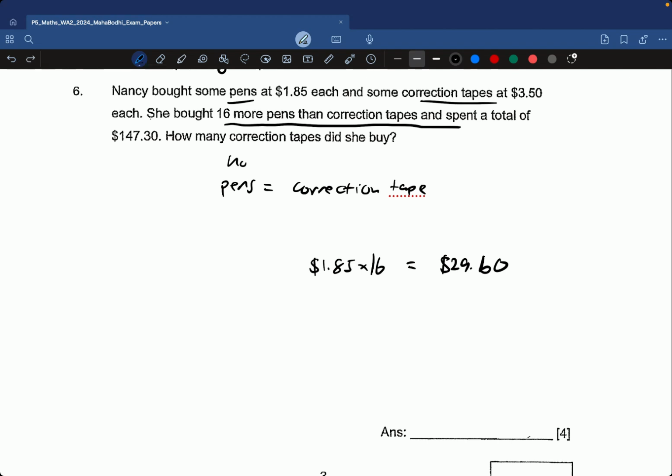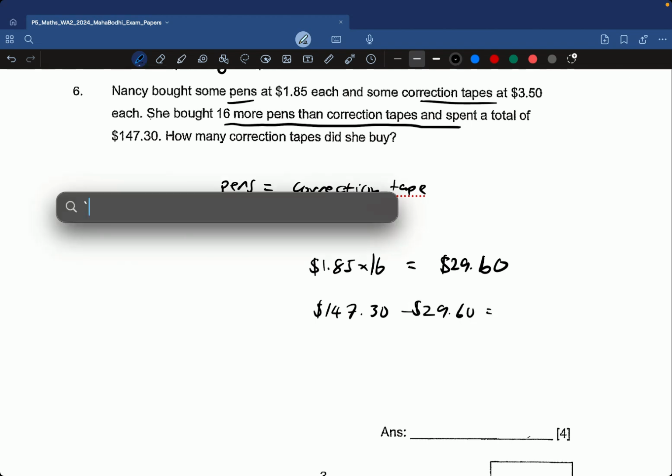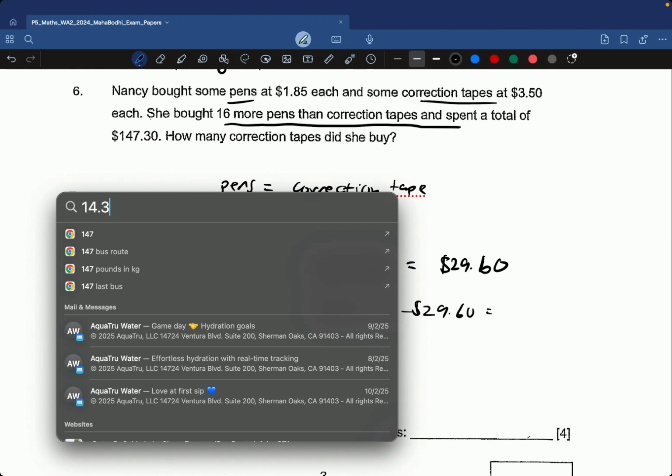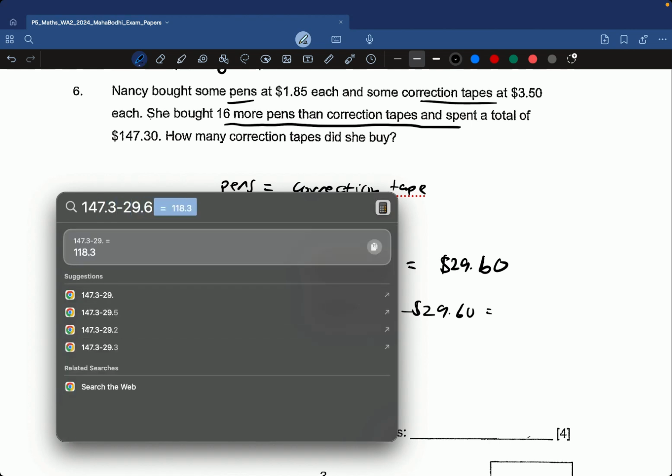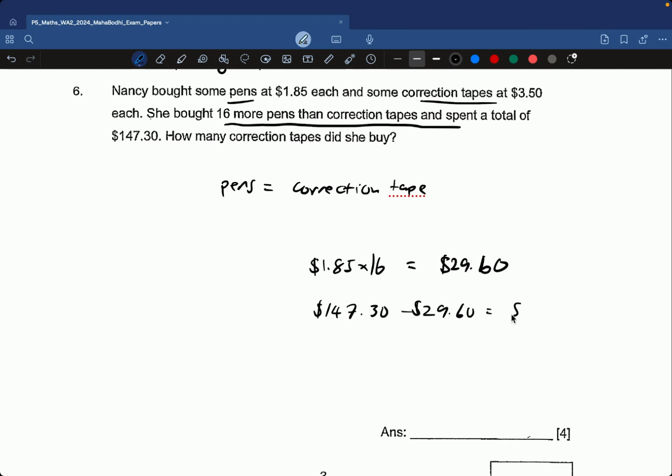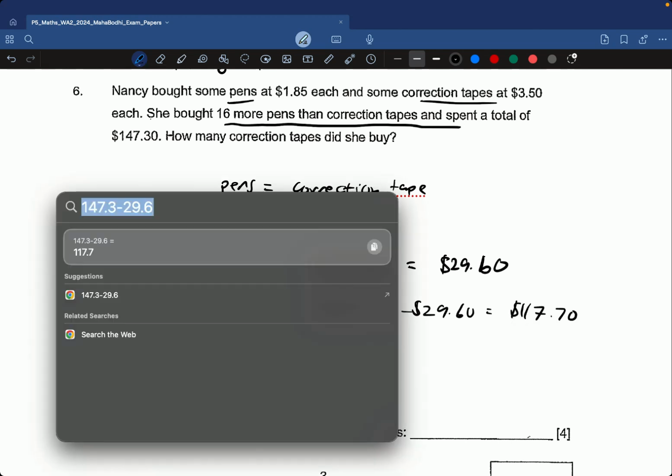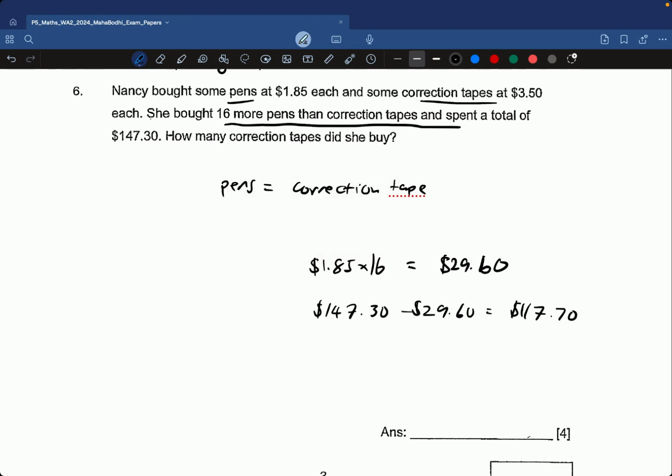So that means we subtract: $147.30 minus $29.60 will give us $117.70. Correct? Yes.